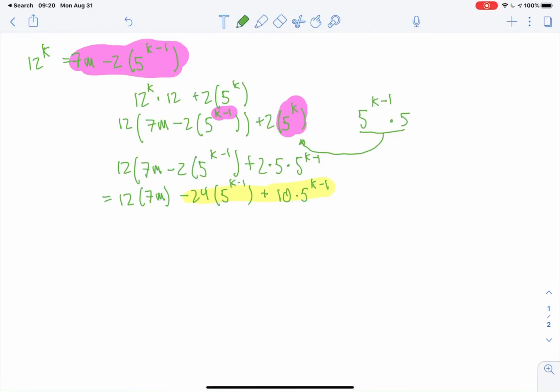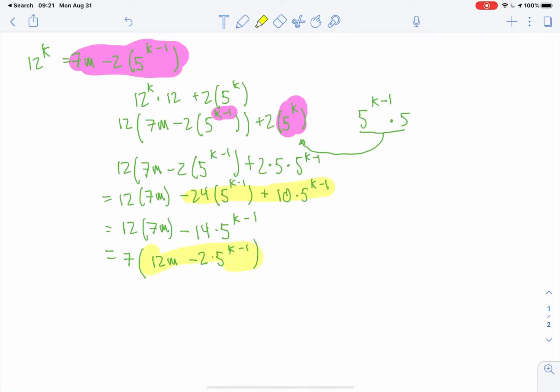And so I end up with 12 times 7m, just bringing that down, and then minus 14 times 5 to the k minus 1. And now I'm going to do a little bit of work here, just rewriting this. I can factor out a 7 from each of these terms. So this becomes 7 times 12m minus 2 times 5 to the k minus 1. And we've actually done this because this whole thing is guaranteed to be an integer. And so since this whole thing right here is an integer, then this expression is 7 times an integer.